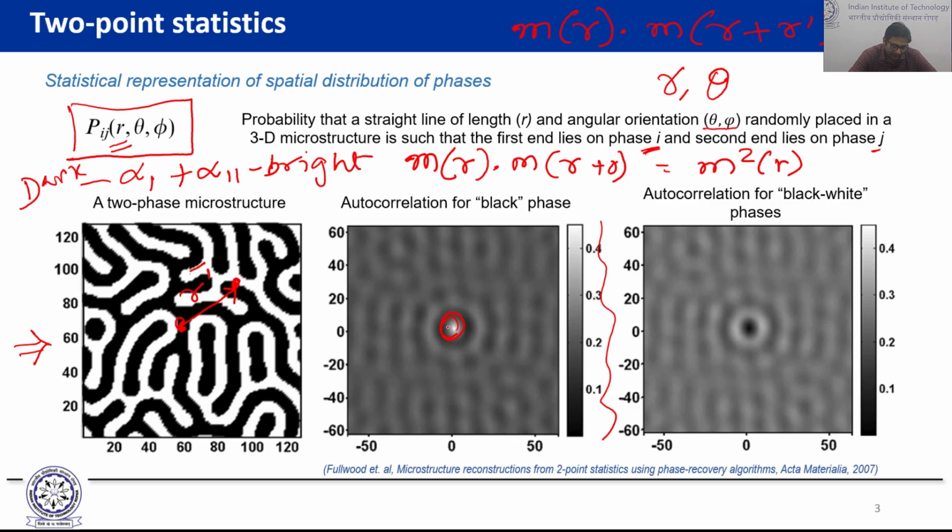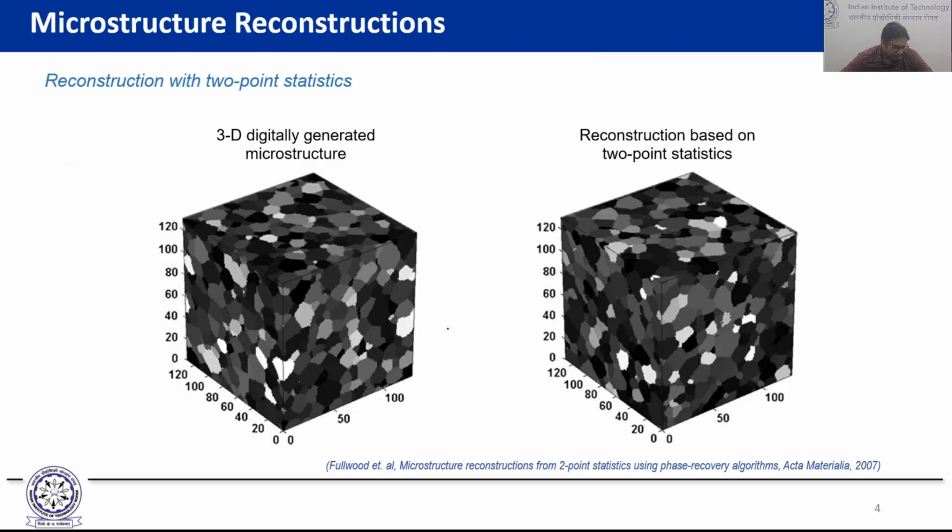So if I am getting the value of m squared(r) at the center of the image, then this is going to correlate with the phase fraction of the material. And since at the center point I already have the black phase, it is going to correlate with the phase fraction of the black phase. Okay. So one can start making these autocorrelation functions, and these would be one way of representing the microstructures.